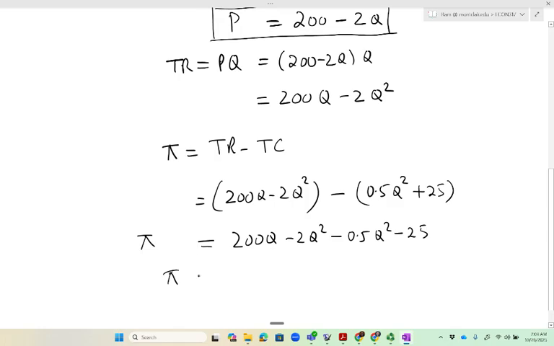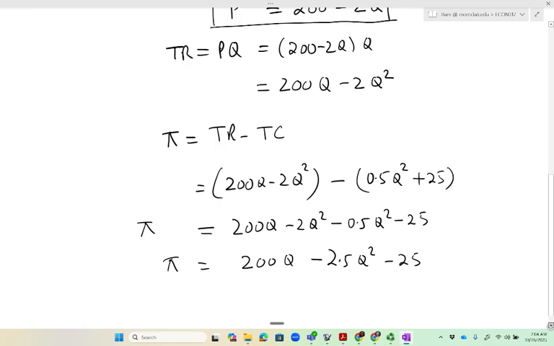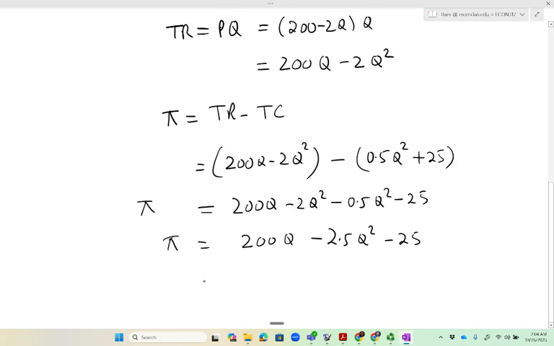So my profit turns out to be 200Q minus, this is 2Q square, this is 0.5Q square, turns out to be 2.5Q square minus 25. Now this is the objective function which we want to maximize.